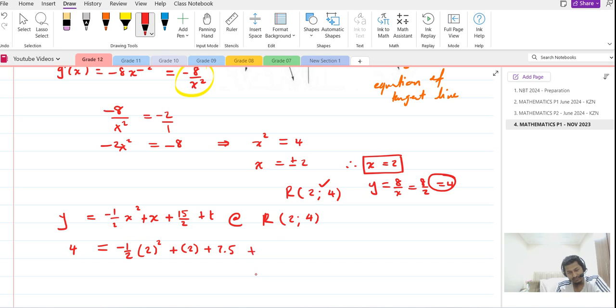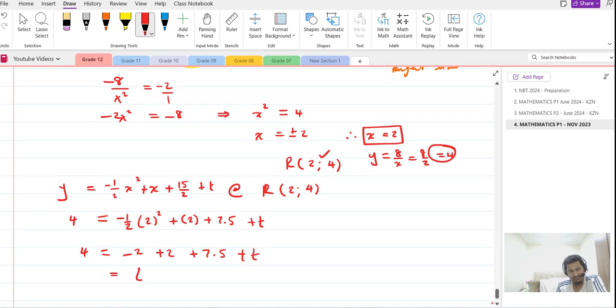So this implies the value of t is equal to, let's write it out like this, quite difficult guys, right? So 4 is equal to minus half times 4, which is minus 2, plus 2 plus 7.5 plus t. So what's the answer for t? T is equal to, minus 2 plus 2 cancels out, we got 4 minus 7.5, which is minus 3.5. I hope you guys understand this.